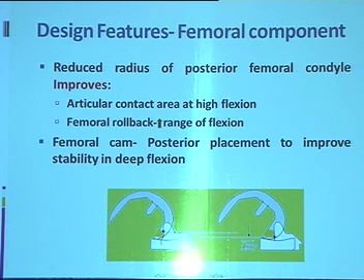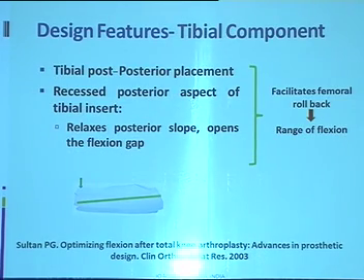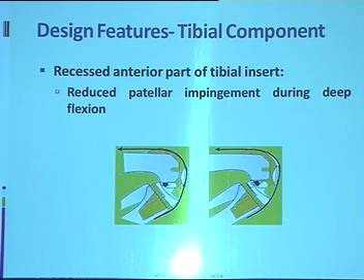Similarly, the femoral cam has been shifted posteriorly to increase the jump distance and to improve the stability in deep flexion. In the tibial component, the tibial post has been shifted slightly posterior, and the posterior part of the tibial insert has been recessed to relax the posterior slope, which opens up the flexion gap. Both these factors in turn facilitate the femoral rollback and then the range of flexion.